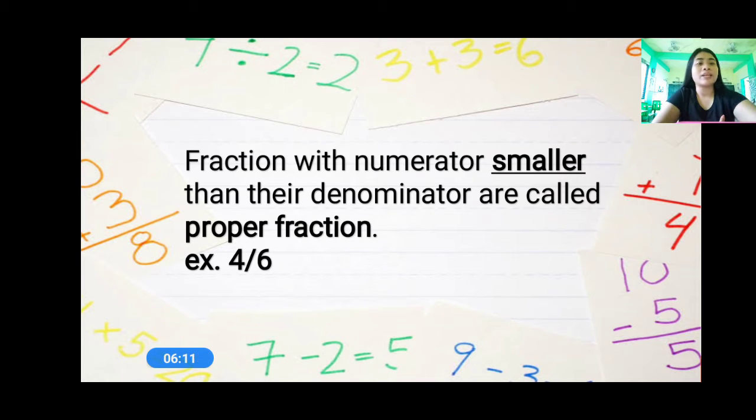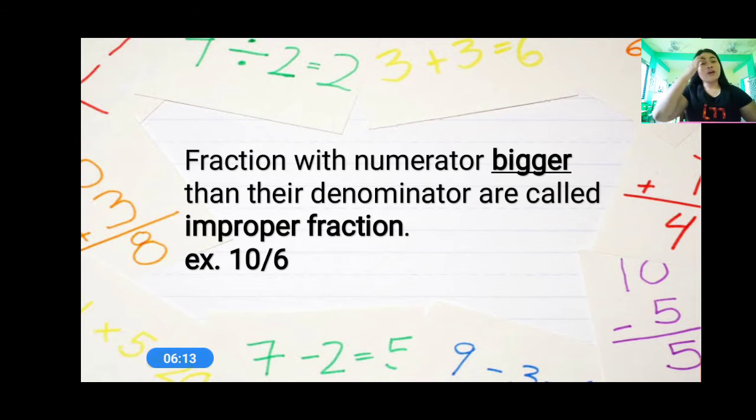Okay? So next we have fractions with the numerator bigger than the denominator, which are called improper fractions. Now the complete opposite of proper fraction is improper fraction. Remember that if the numerator is bigger than the denominator, then that fraction is what we call improper fraction.